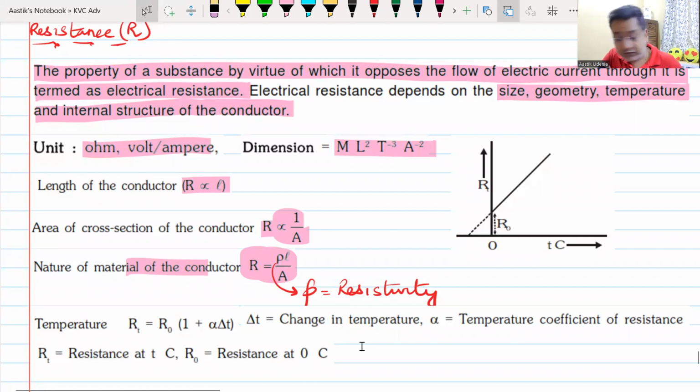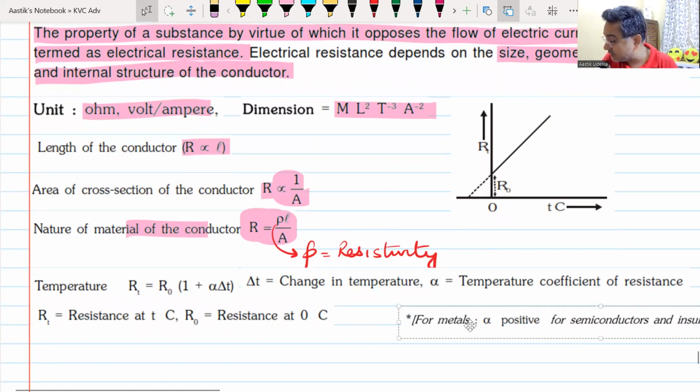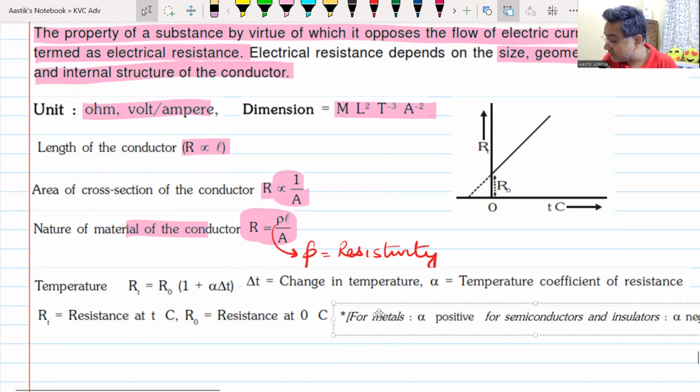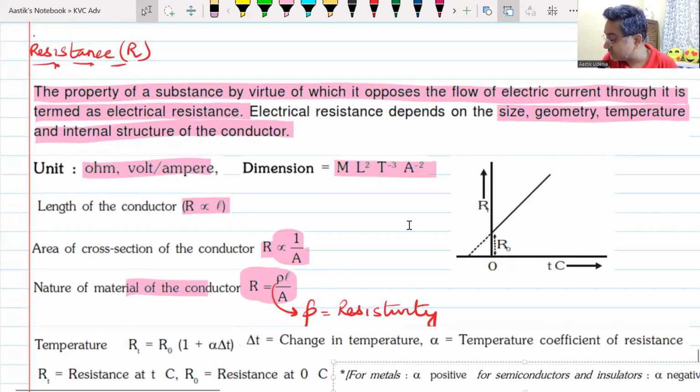For conductors, alpha is positive, and for semiconductors and insulators, alpha is negative.